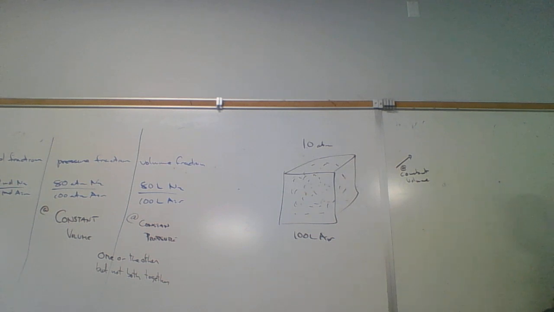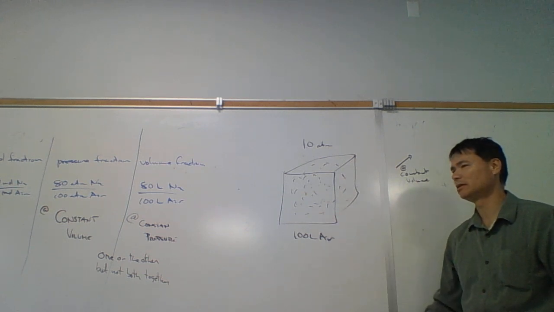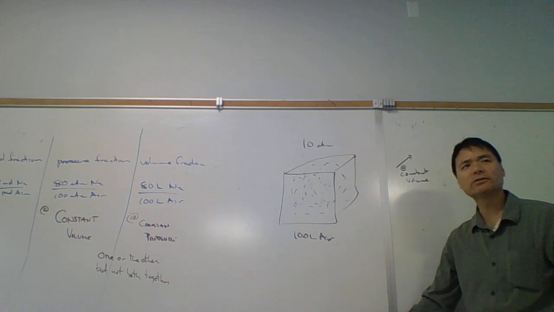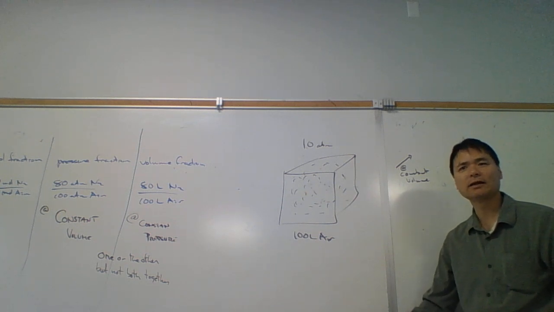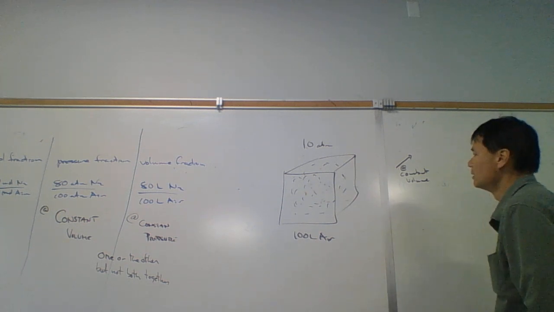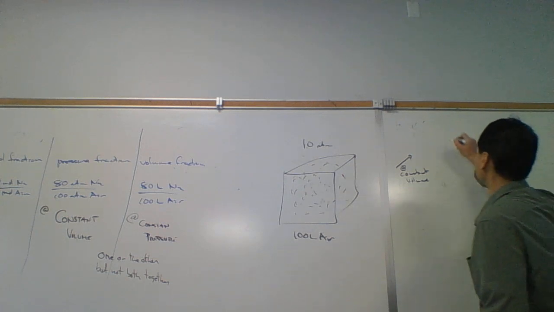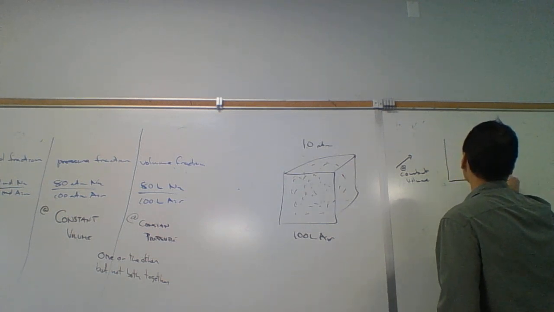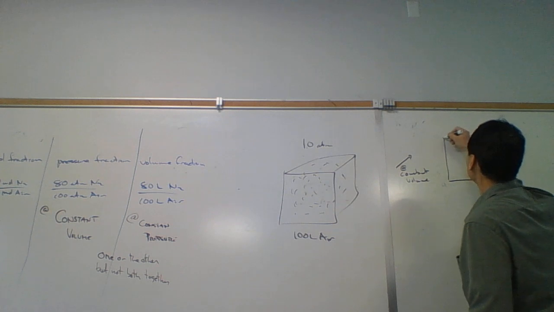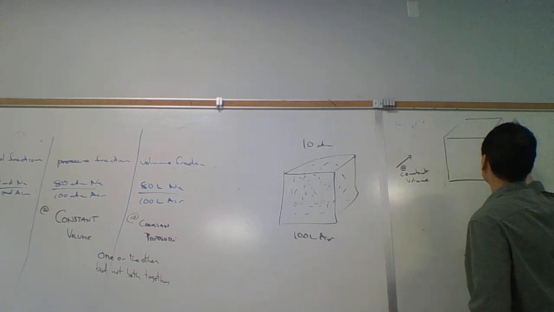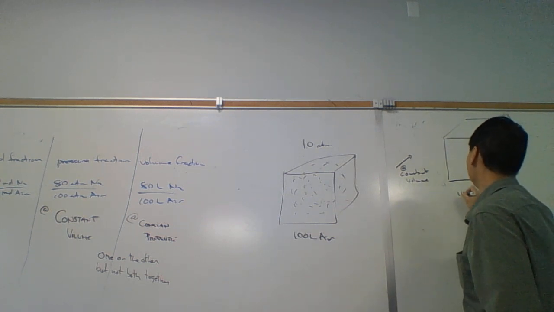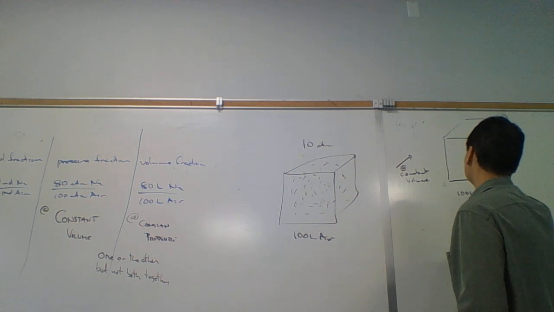If I separate out the nitrogen from the oxygen, how many liters of nitrogen will I end up with? I'm going to remove the nitrogen out of there. And when I do that, I end up with 100 liters of nitrogen.